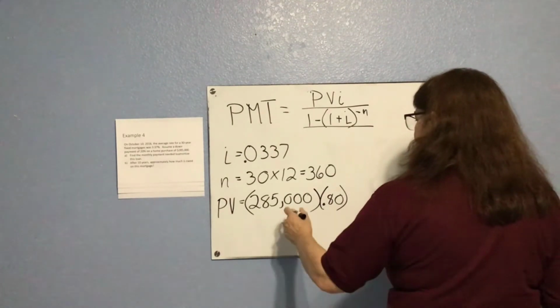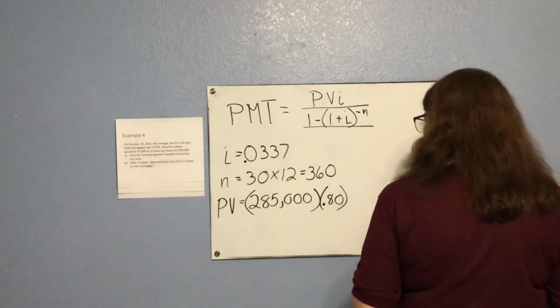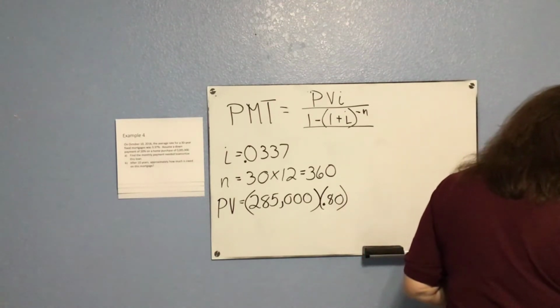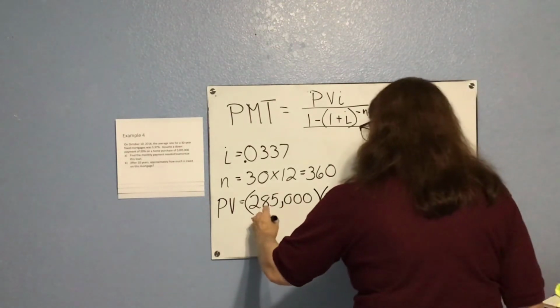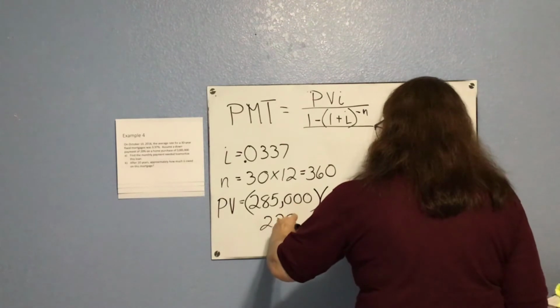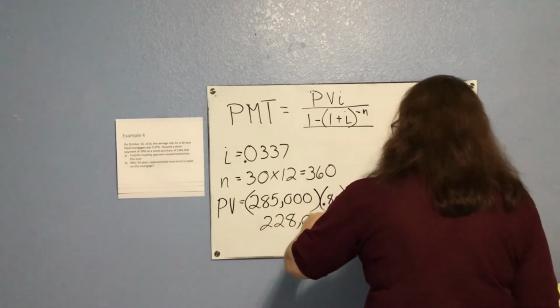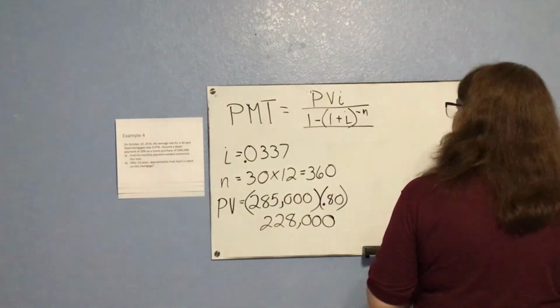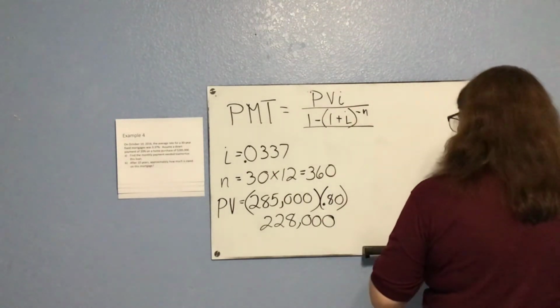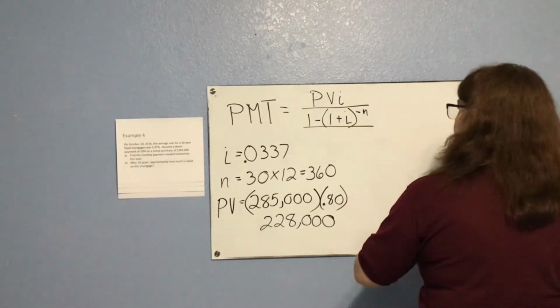Well, let's do some simple calculations here. $285,000 times 0.8 gives us $228,000. And now we can put numbers into our formula.